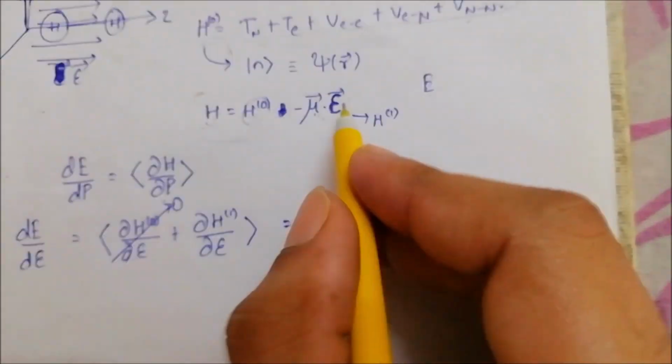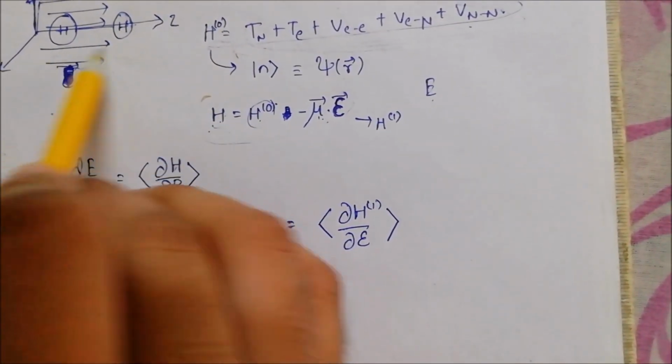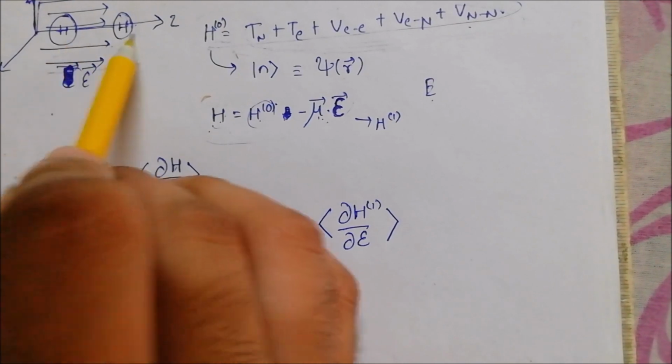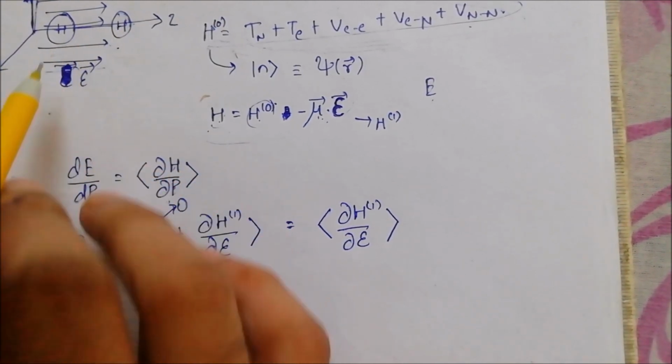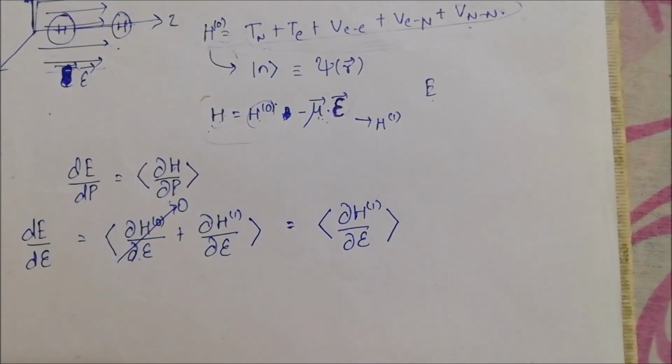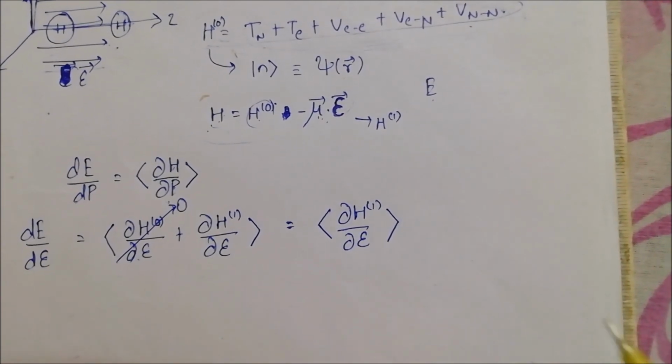And if now we said that we are applying the electric field along Z and the molecule is also aligned along Z, so any dipole moment, permanent or, if not present, the induced dipole moment will be along the Z direction only.